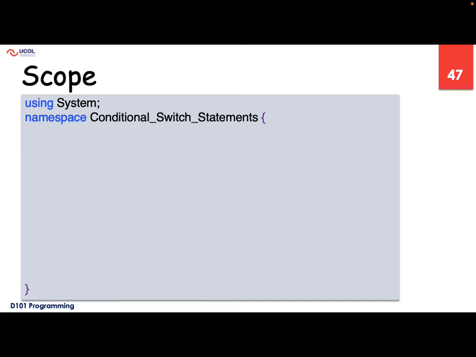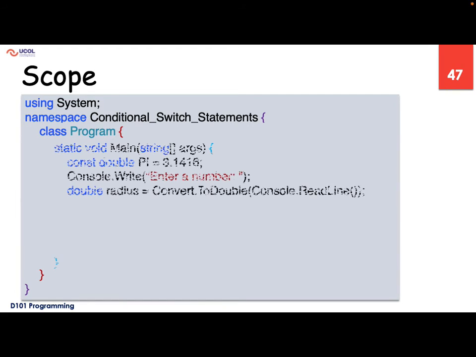Within the namespace, you can't define anything. Only the class you can define. So within the namespace, we have class. If we are defining something within the class, that will be called a class level variable or the global variable. Anything that comes between these two brackets, which represent the block of the class, we can access.